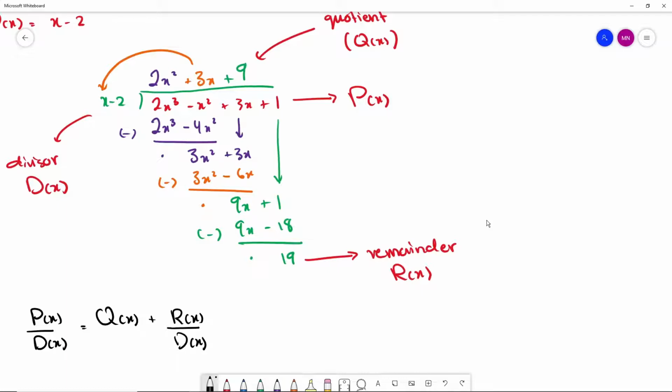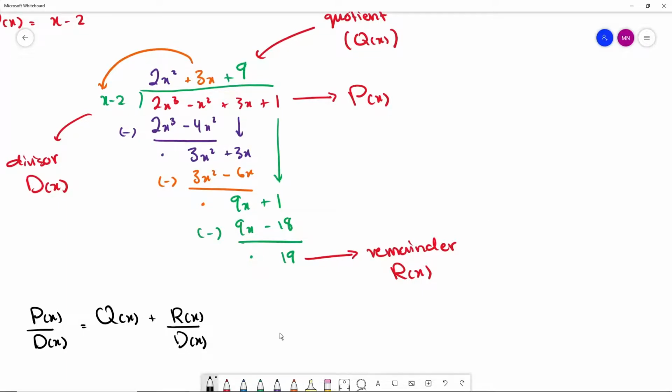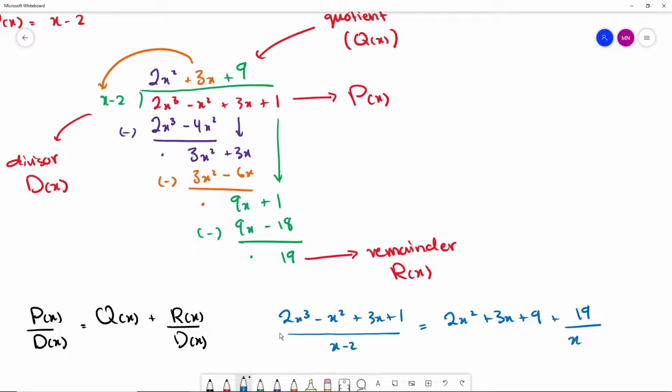So that is equal to 2x to the power of 3 minus x squared plus 3x plus 1 divided by the divisor x minus 2, and it gives you the answer of 2x squared plus 3x plus 9 plus the remainder over the divisor. Okay, so this is our answer from the division between two polynomials.